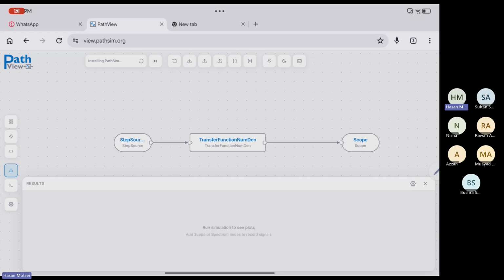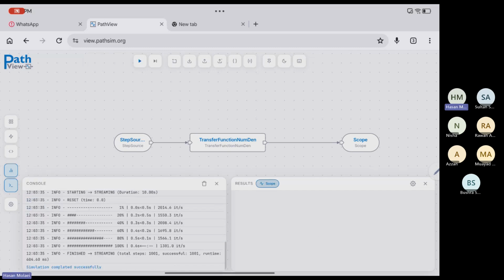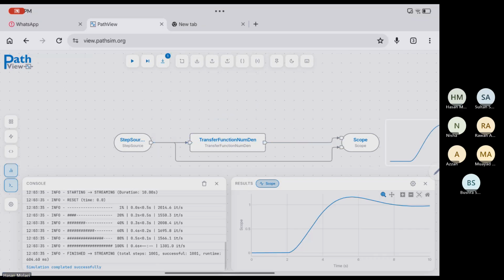So anyone could find the delay time? 1.3 seconds. Based on the calculation or based on your measurement? Okay, let's see. This is the output, this is the input.